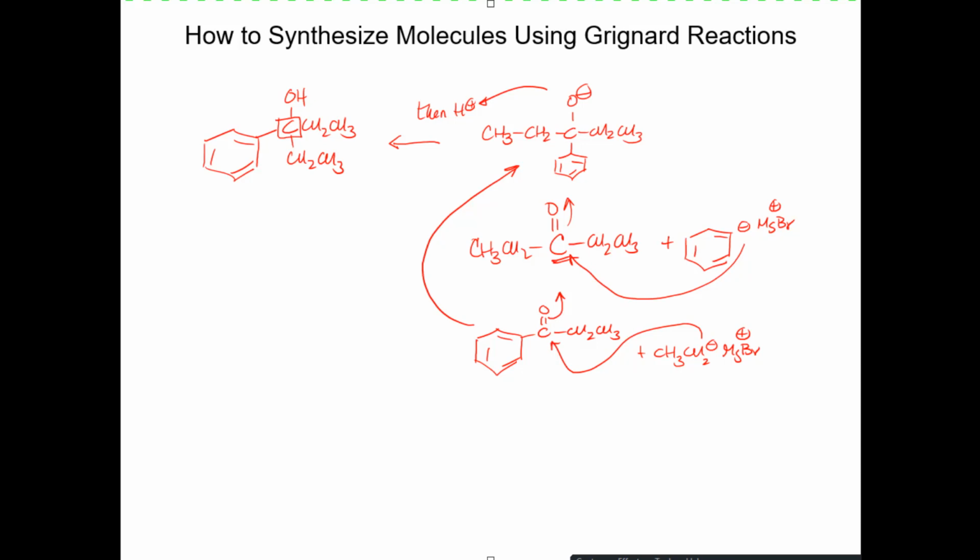In this case, the Grignard could either be a CH3CH2 minus group, or it could be a benzene ring minus group. And this would be what is called a phenyl group, because when a benzene ring is a substituent, it's called a phenyl. Okay, so if there were 3 different groups attached to that carbon, there's 3 different ways to make that alcohol.